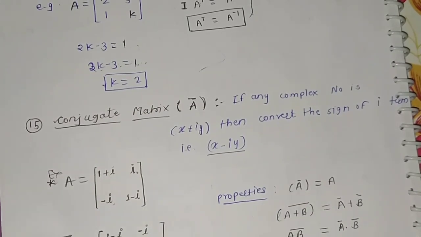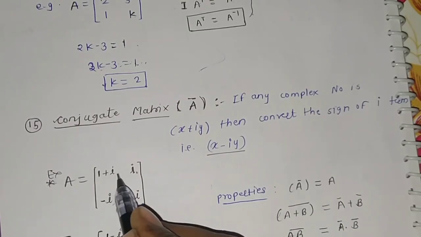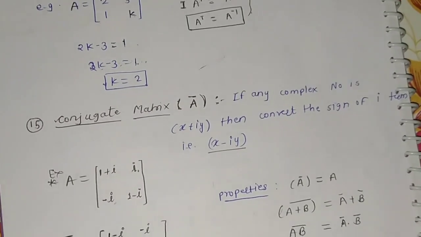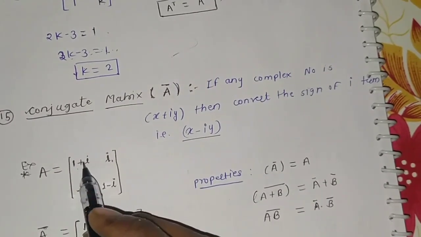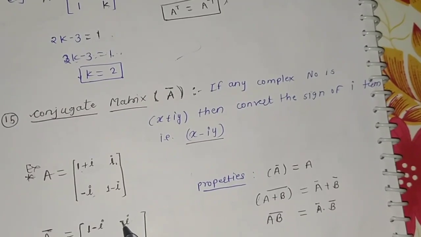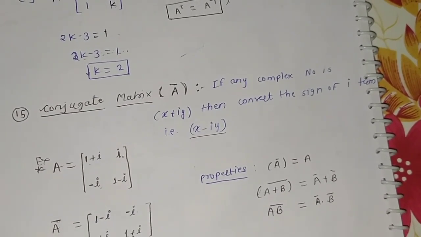The conjugate of this matrix A is directly like this. You just have to change the sign of the complex part only. So 1 plus i is converted into 1 minus i, minus i is converted into plus i, and minus is converted into plus.